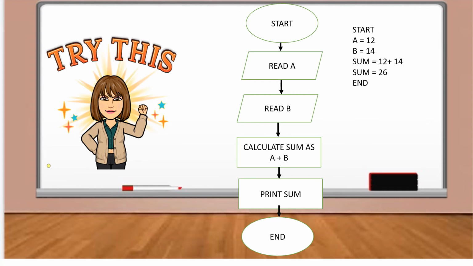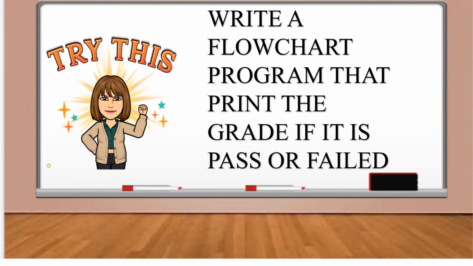And it connects to the process symbol, which shows the formula on how to calculate the sum of 12 and 14. Then, it connects to the next process symbol. It prints the sum of 12 and 14, which is 26. Then, end program.